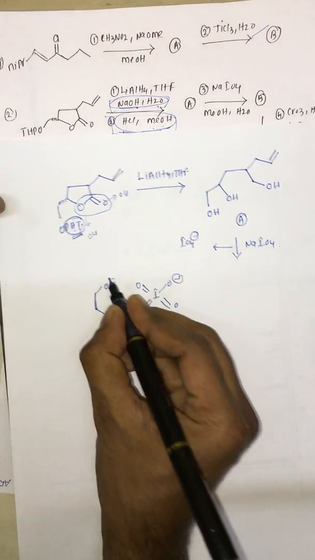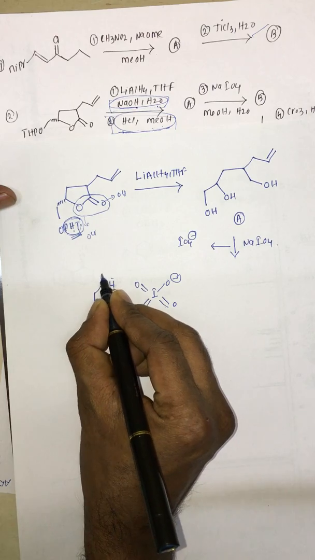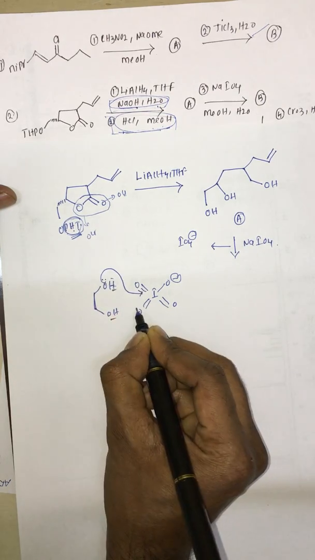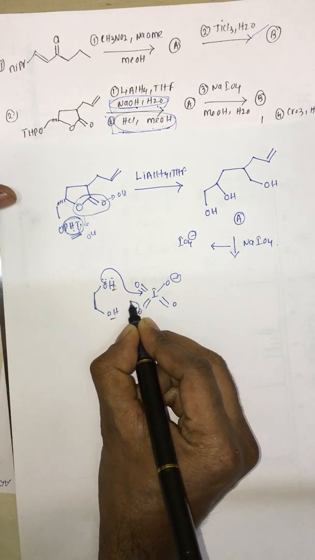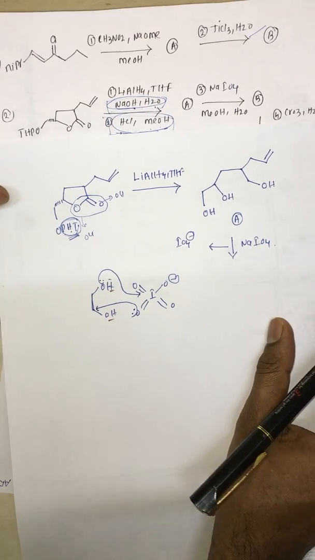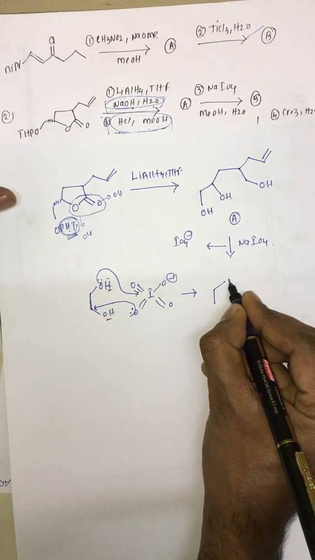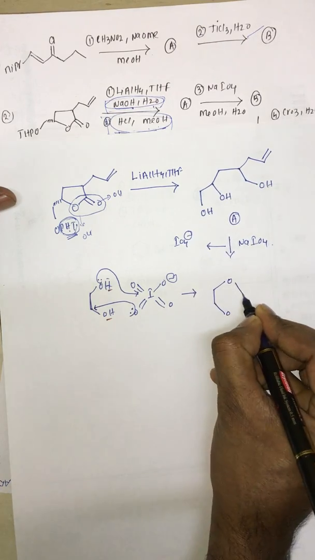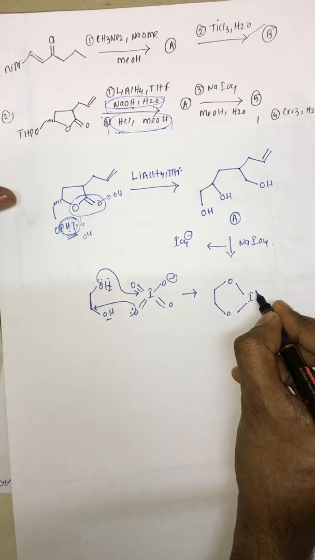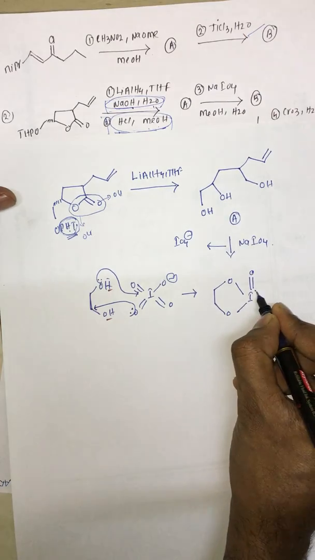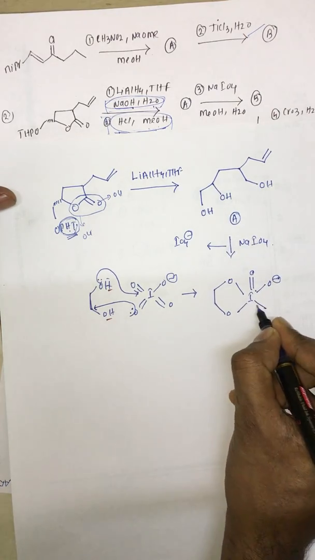And now the lone pair which is present here goes and attacks the iodine, and the lone pair which is present here comes and attacks this carbon, and now it becomes O, and here also O, I, and double bond O minus, and double bond O.